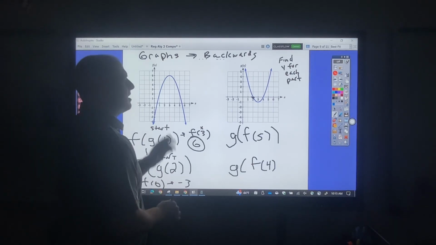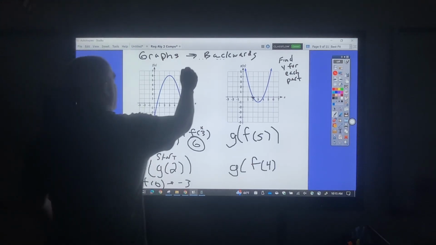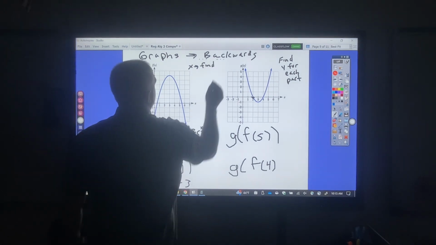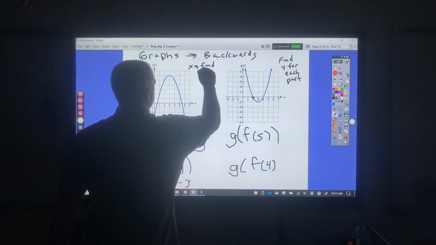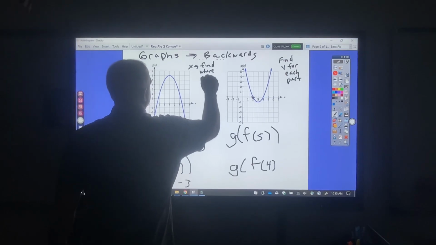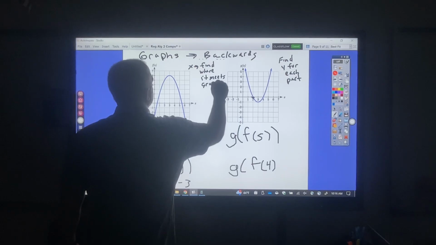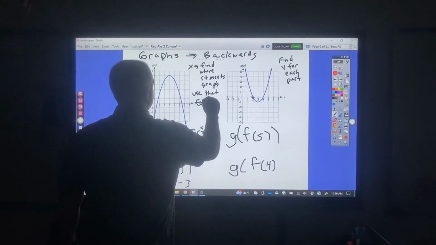So what you want to look at is it's basically x. Find where it meets the graph. And then use that for the other graph.